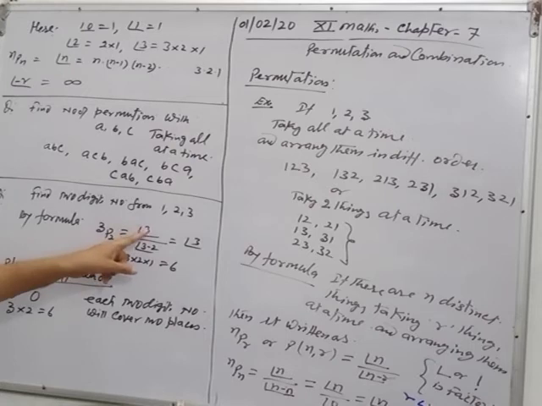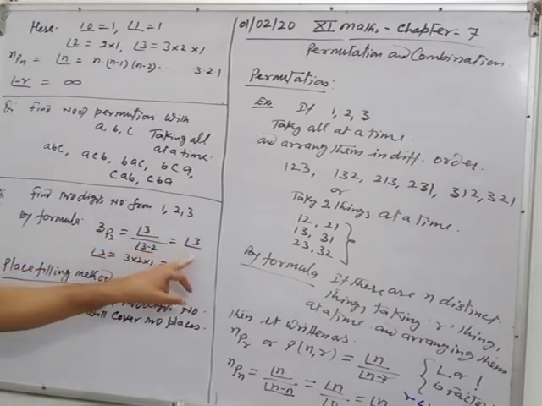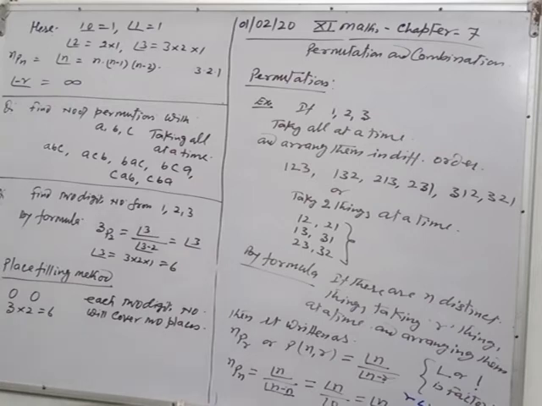Factorial n, means factorial 3, upon factorial n minus r. n minus r means 3 minus 2. So solving here, factorial 3 upon, in the denominator, factorial 1, and that is 1. So simply 3P2 is factorial 3, and solving this, 3 into 2 into 1, that is 6. Okay.